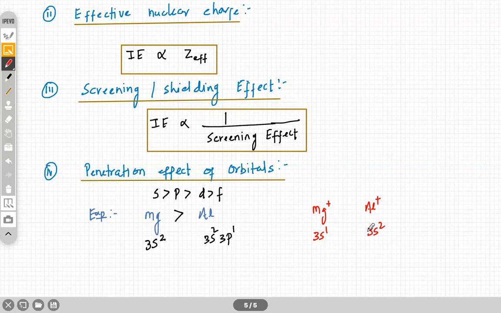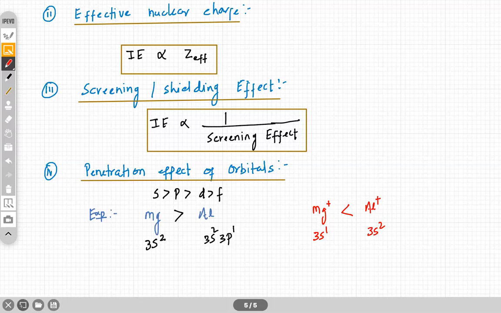So both are in the same subshell. Now we consider the electronic configuration here. This one is completely filled, more stable, right? Hence the order is this, more stable, plus size also is one of the factors. So overall order is this, right? It depends upon what configuration you have. All these factors you must keep in mind, and try to understand where you are applying which factor.